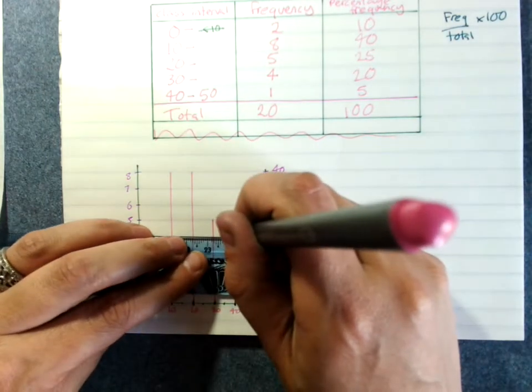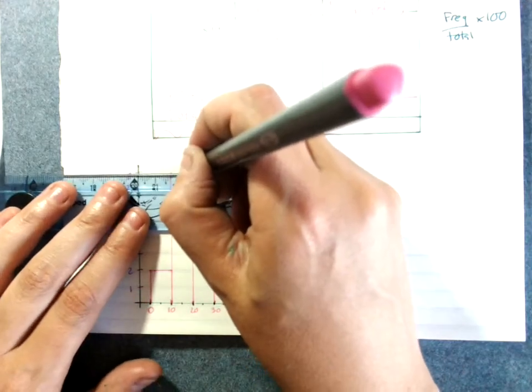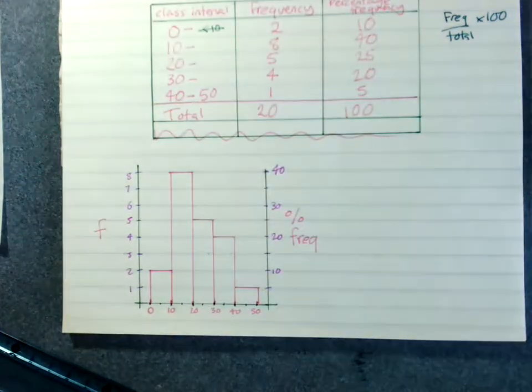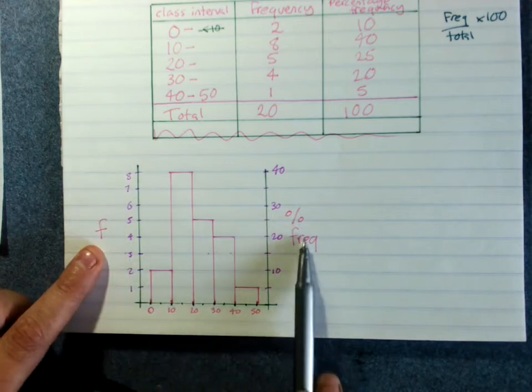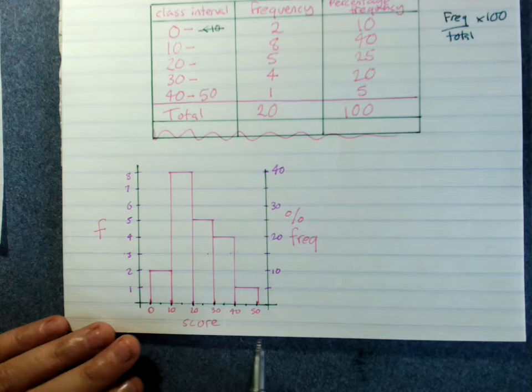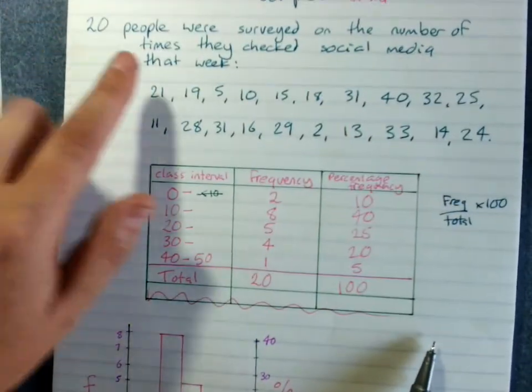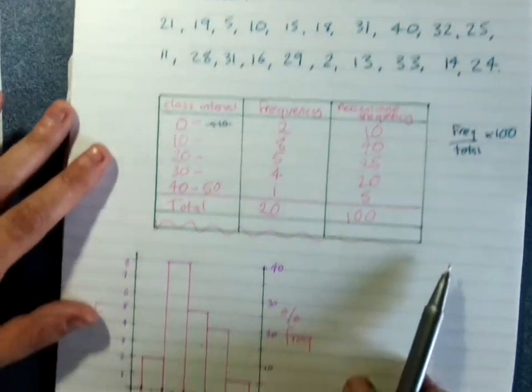Please do use a ruler on grid paper. You must label frequency, percentage frequency. You can get away with labeling this score or number of times, and you must give it a title that comes from the question, number of times you checked social media this week.